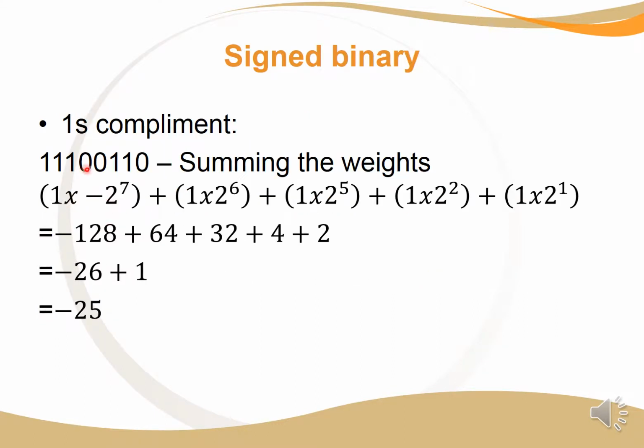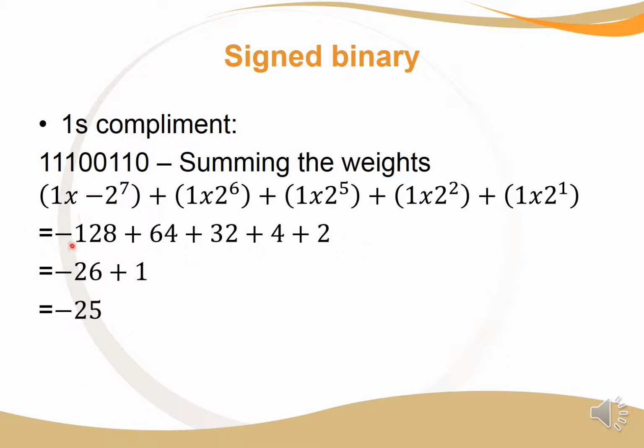Now in ones complement, this is the ones complement version, summing the weights. Very importantly, in ones complement, the sign bit is negative. So we have 1 times negative 2 to the power of 7. And then we add them all up, and this is the answer we get.